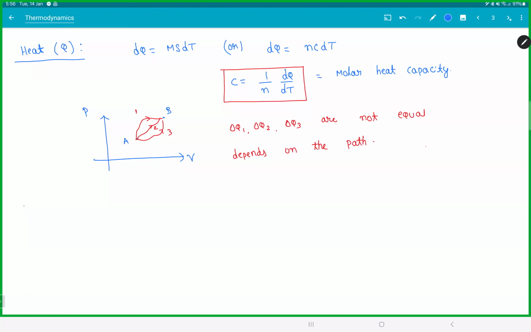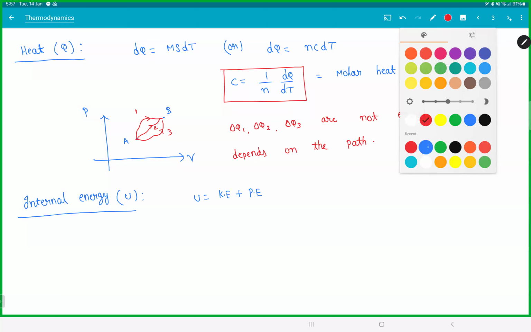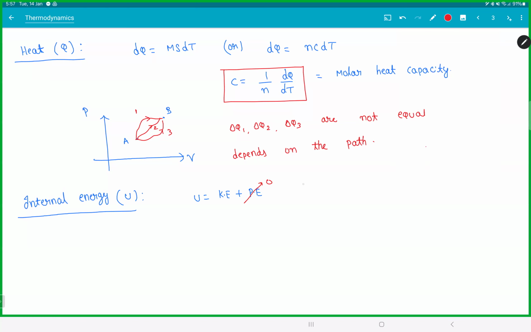The second term is your internal energy, which is U. So what is internal energy? Internal energy is nothing but kinetic energy of the gas molecules plus potential energy of the gas molecules. But we know for an ideal gas, the potential energy is zero. In an ideal gas, the molecules do not interact.